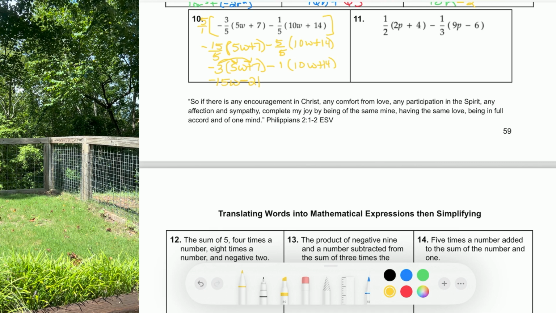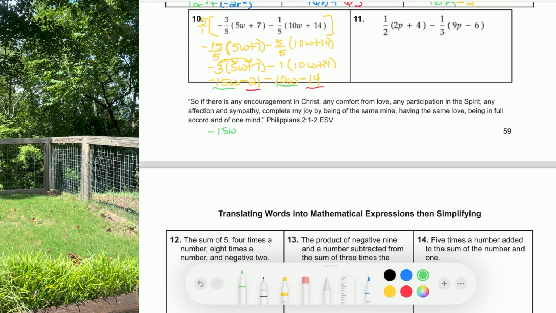A negative 1 times a 10w is a negative 10w. Negative 1 times a positive 14 is a negative 14. All right, so now we need to find our like terms, not common denominators, our like terms. So we have w's, and then we also have just numbers. So our negative 15w minus 10w, I'm going to rewrite that down here, negative 15w.